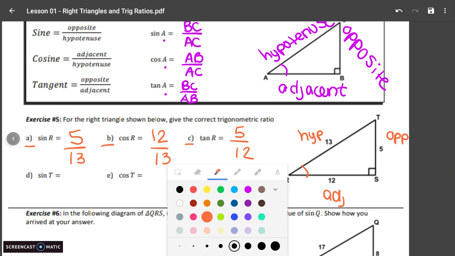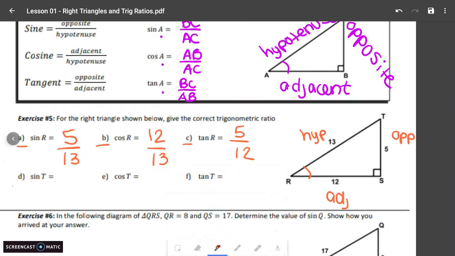Now, it changes directly for D, E, and F because we're talking about a different angle now. Angle T. So the opposite's going to be the 12 this time because that's the side that doesn't touch. And the adjacent's going to be next to it, that 5. But the hypotenuse doesn't change, because remember, in a right triangle, it's always the largest side across from the 90 degree.